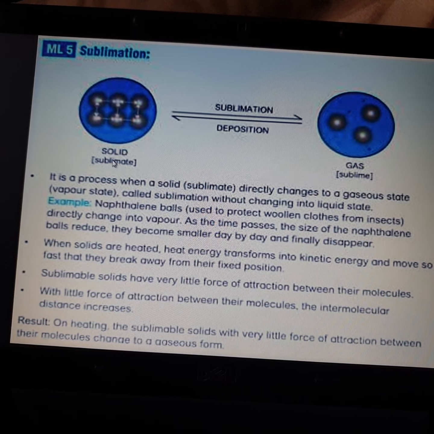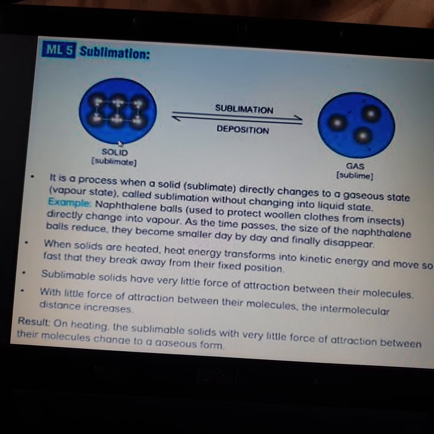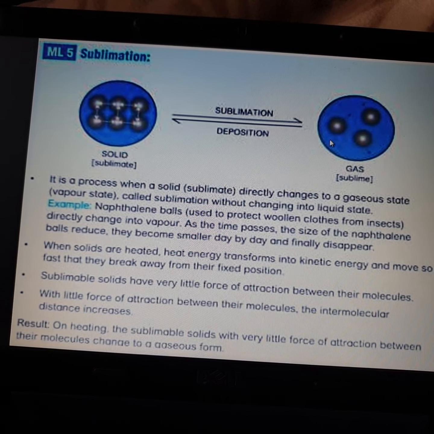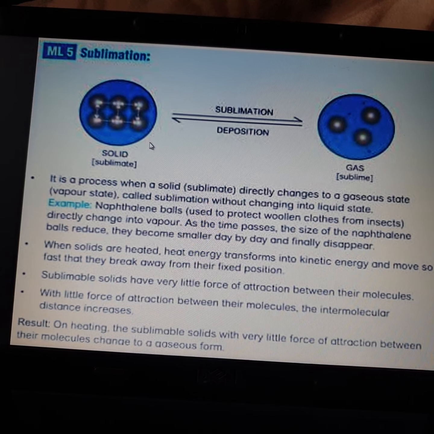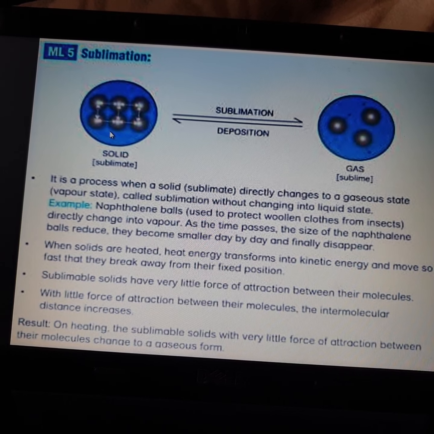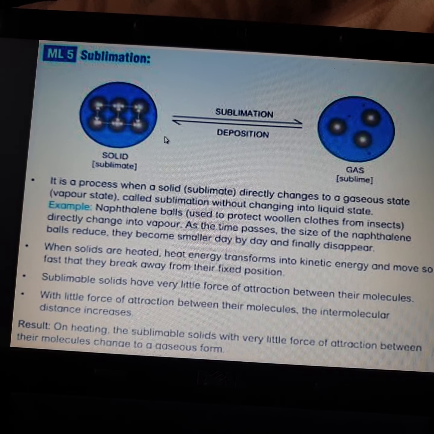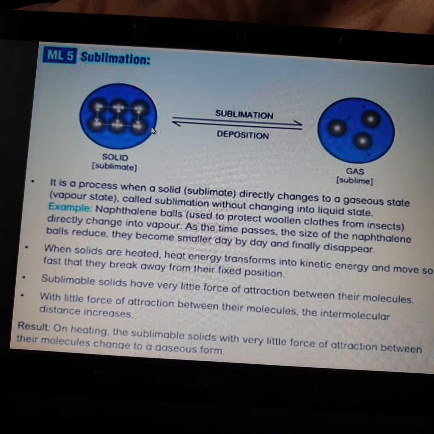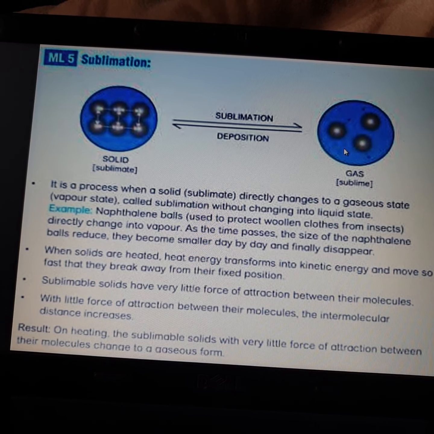Only a small temperature is sufficient to break open these molecules and convert them into gas. But keep in mind, they will not convert into liquid. They convert directly into a gas. This type of process is called the sublimation process. Solids into gas is sublimation.